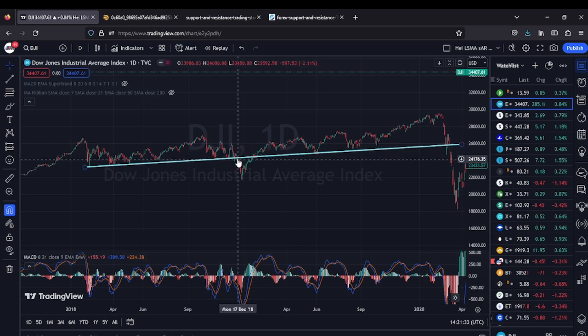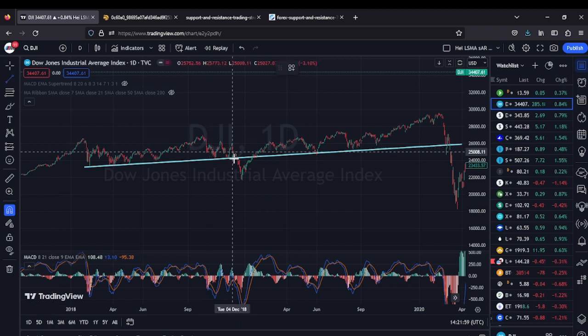Right here, it broke through. It broke down. Sellers pushed it down, and that support now, right here, becomes resistance. Eventually, buyers came back in and bought it all the way up and broke through again. So that resistance became support.